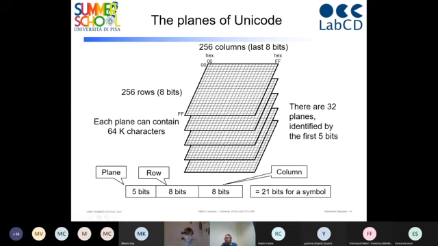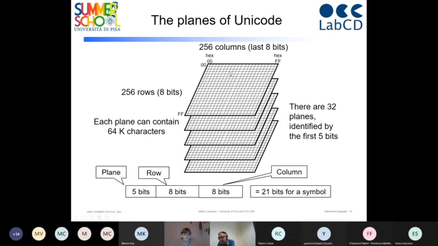The way that you use the 21 bits of the Unicode code is that with the first 5 bits, you identify one of 32 planes. With the next 8 bits, you identify one row of this plane. And with the last 8 bits, you identify one column of this plane. So that means that with these 21 bits, you can identify each and every small cell in this virtual space.